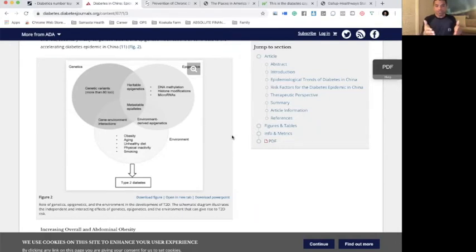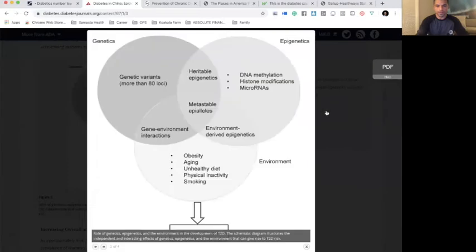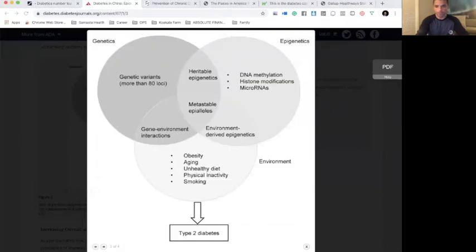And then that comes into obesity, aging, unhealthy diet, physical inactivity, and smoking right here at the bottom. And so you have the genetics, you have the epigenetics, and you have the environment.